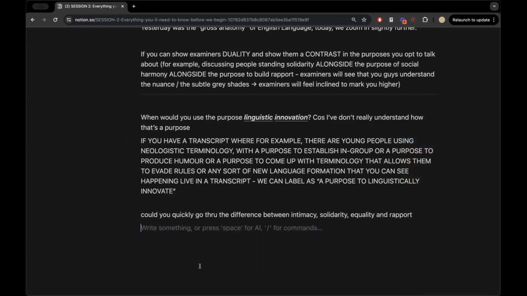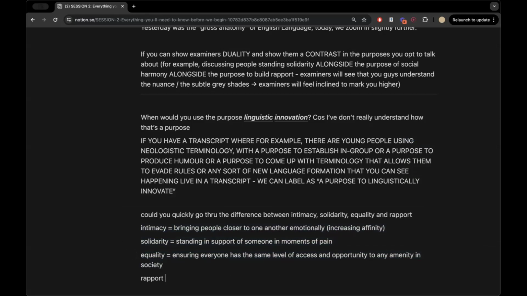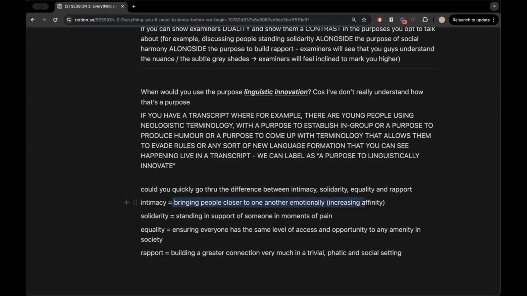Rapport equals building a greater connection, very much in a trivial, phatic, and social setting, right? So these are all slightly different.